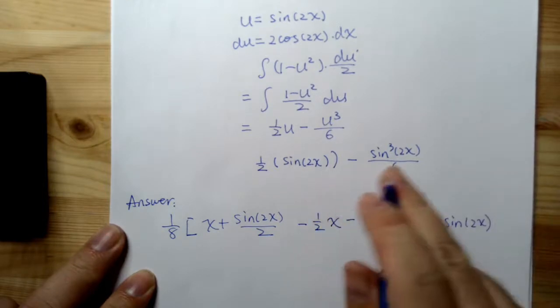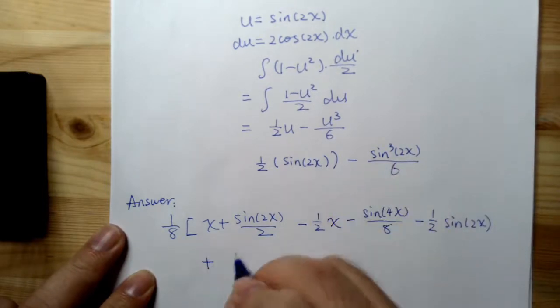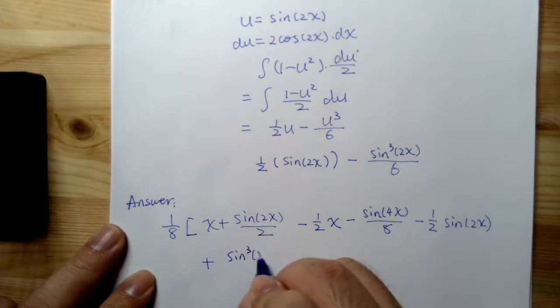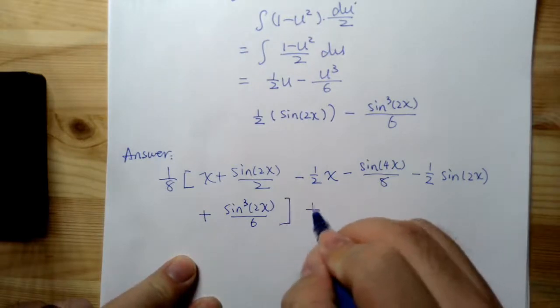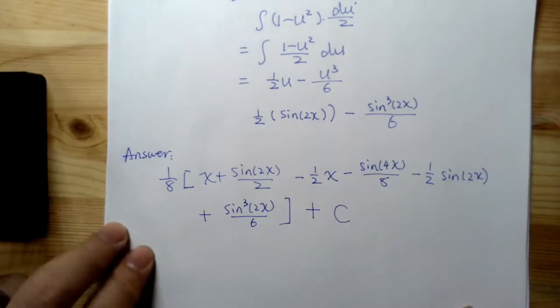And then minus minus becomes a plus sine cube 2x over 6. And then I need to add an arbitrary constant c.